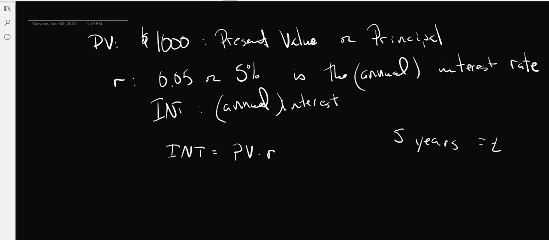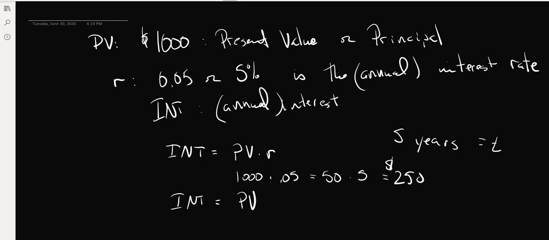Then this was, we said 1,000 times 0.05 was equal to 50, but that was just for 1 year. If we did it for 5 years, we'd get $50 for each year. So that would be $250, or 50 times 5. So the general formula is INT for more than 1 year is PV R times the number of years. T is the number of years.